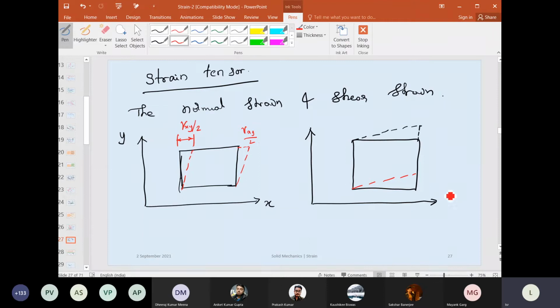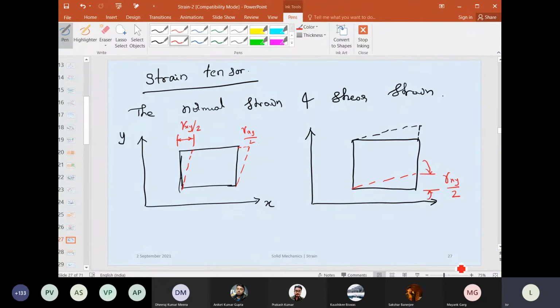This is gamma xy by 2 and the other one is also gamma xy by 2. But if you represent gamma xy by 2 like this from the horizontal axis and the vertical axis, then this can be obtained by rigid body motion. So this gamma xy by 2 will not be a legitimate tensor quantity.